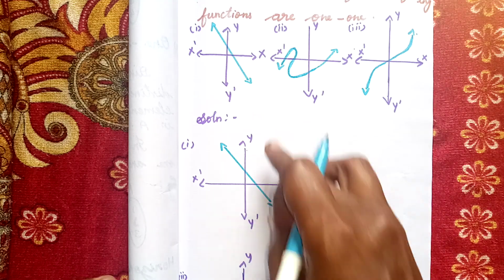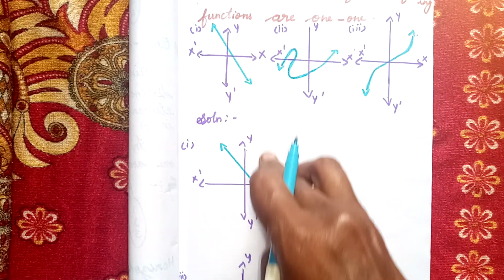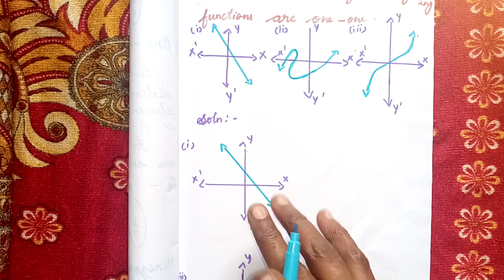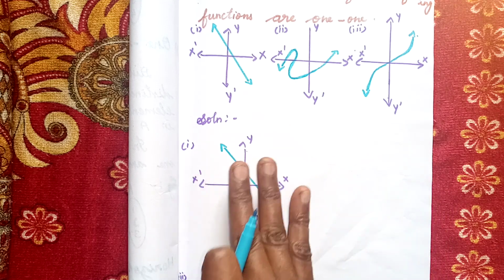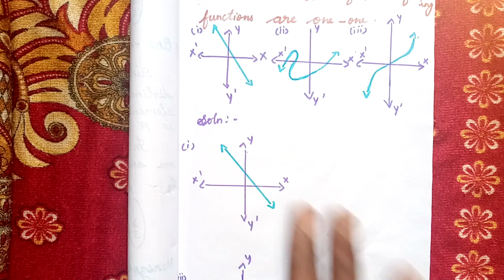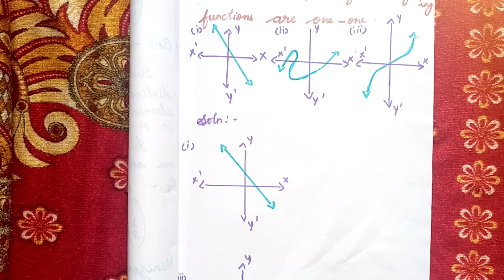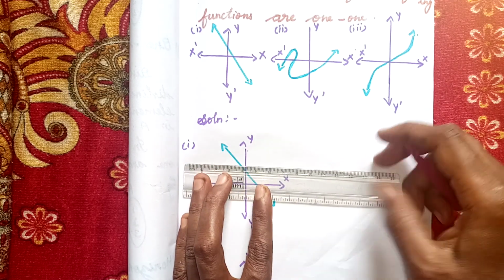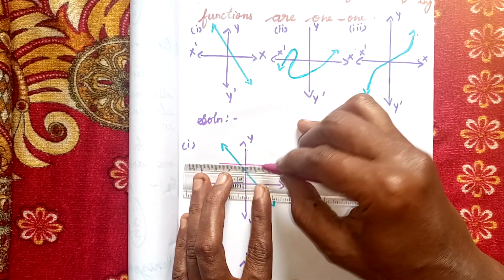A vertical line intersecting at one point means that it is a function. Here it is a function only, as a vertical line will intersect at one point only. Whether it is one-one or not, we have to check. I'm drawing a horizontal line, anywhere, any one place.